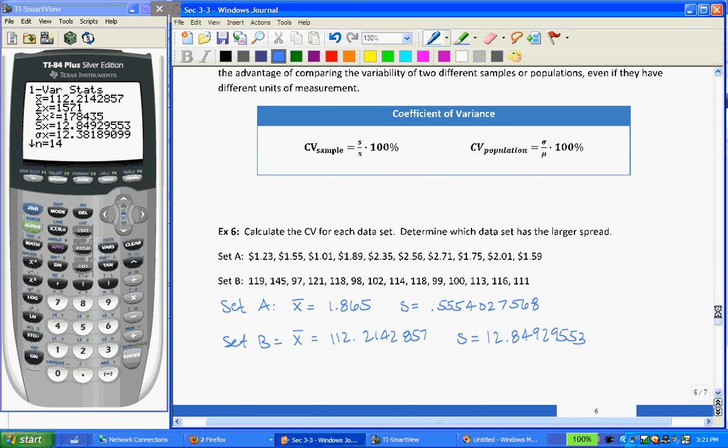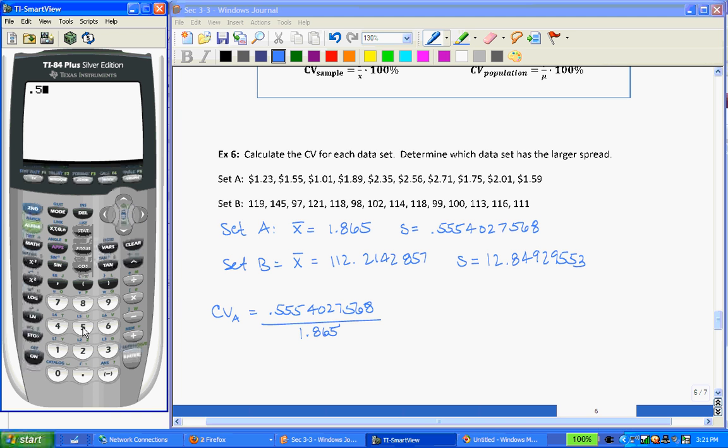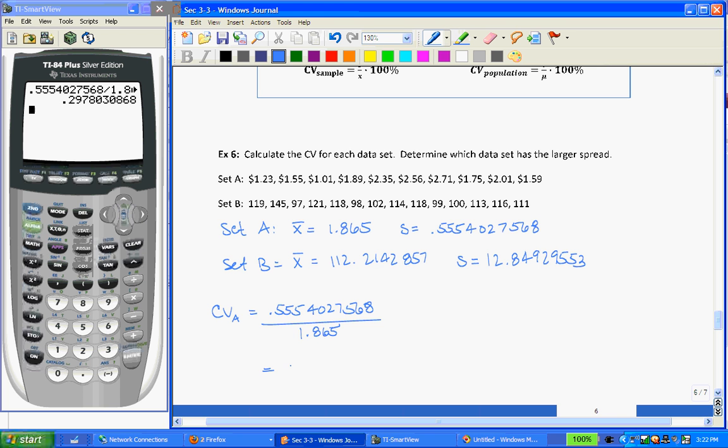Okay, so let's get the coefficient of variation here. So the coefficient of variation for set A is the standard deviation divided by the mean, and that gives me times 100. So that's 29.78.